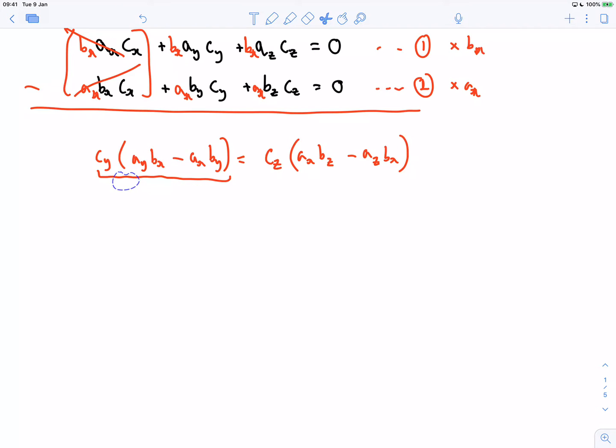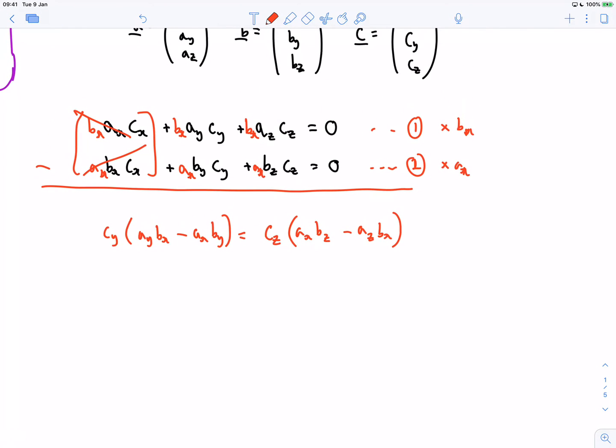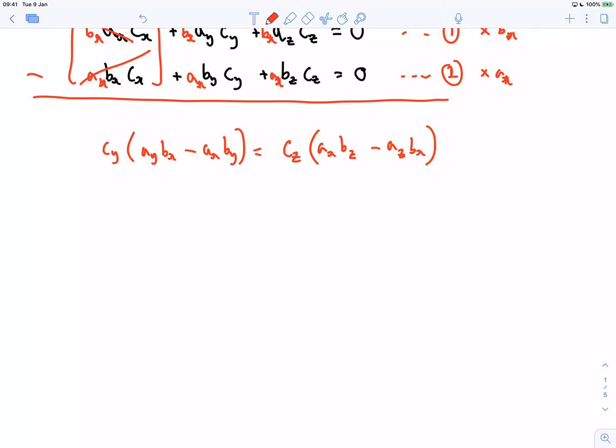So, what now? Well, this isn't bad. And what we could do is we could substitute this back into the original and we could get a term for CX. But I'm not going to do that just yet. What I'm actually going to do is I'm going to divide both sides by these brackets.